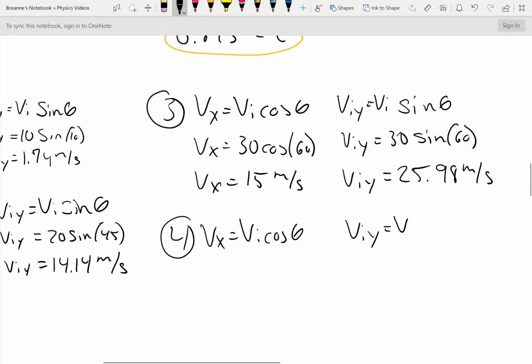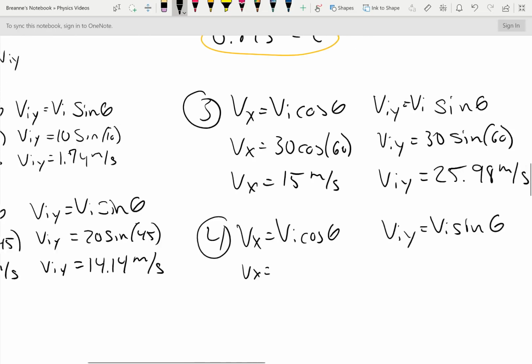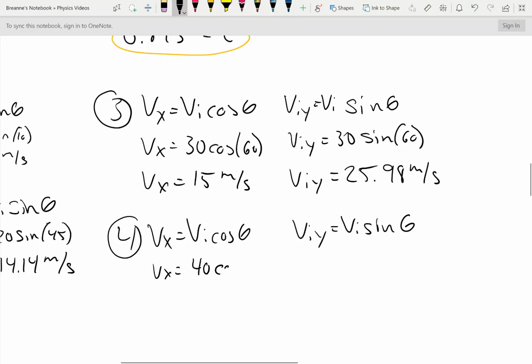One last time. Whew, okay. So for number 4, our initial is 40 and then 90. 40 cosine of 90. Initial y is 40 sine of 90.